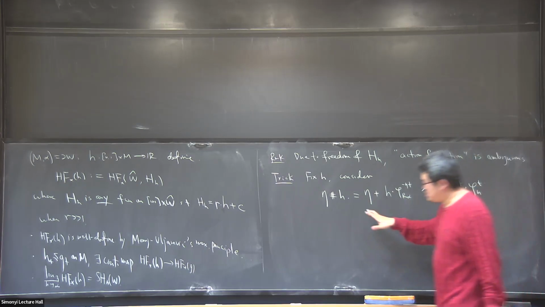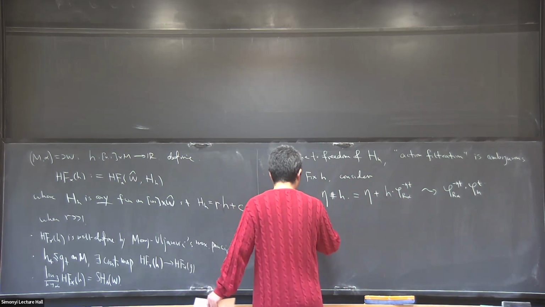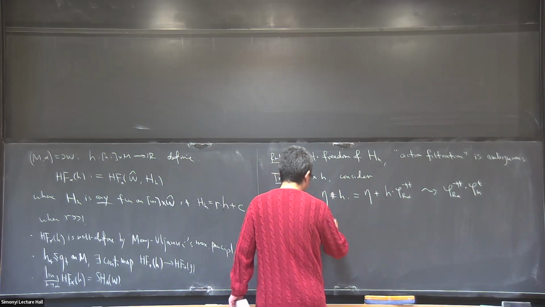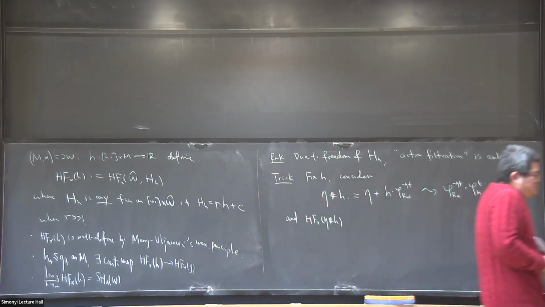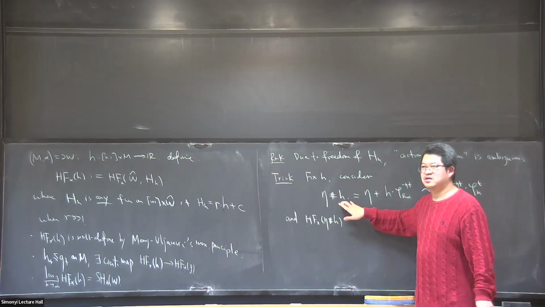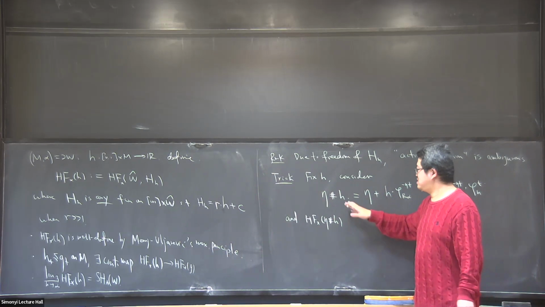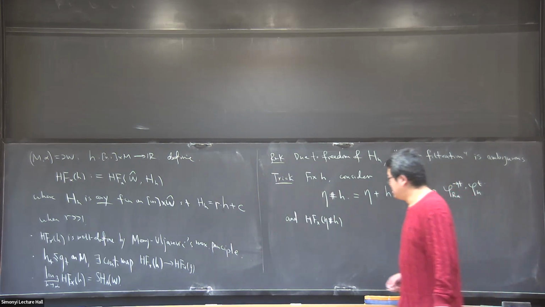And you consider this function and also this contact Hamiltonian Floer homology, not of H, but of this function. What looks a little bit surprising is that you want to study the dynamics of H, but you don't study the dynamics of H. You study the dynamics of H twisted by the Liouville. But there are two benefits.